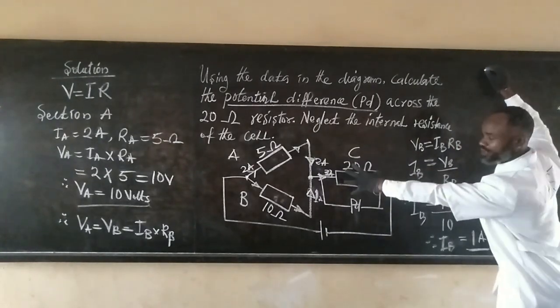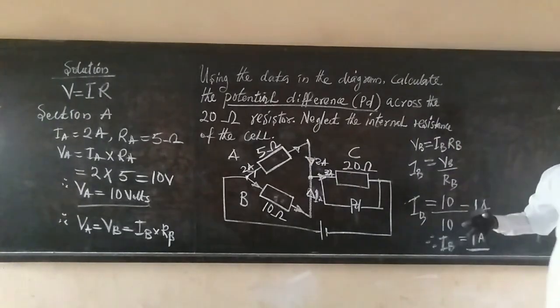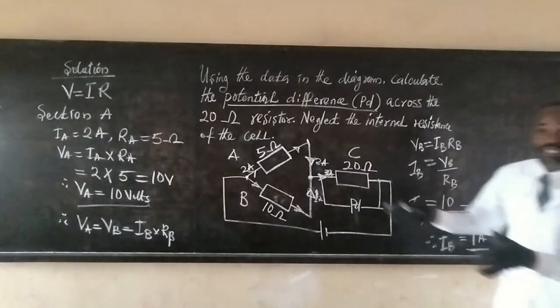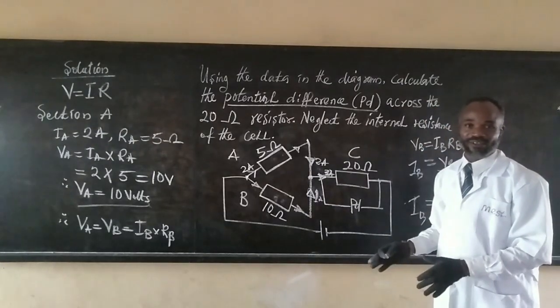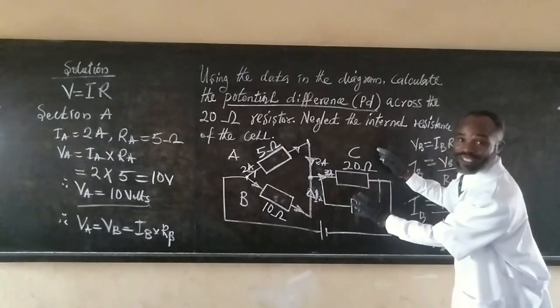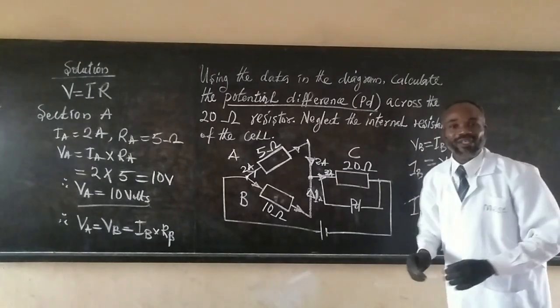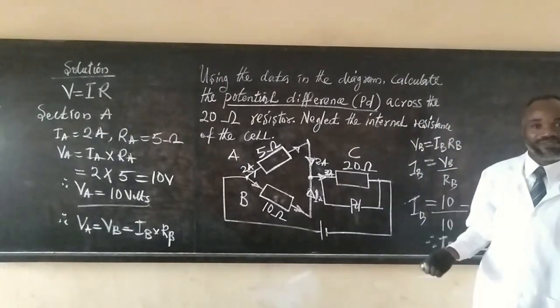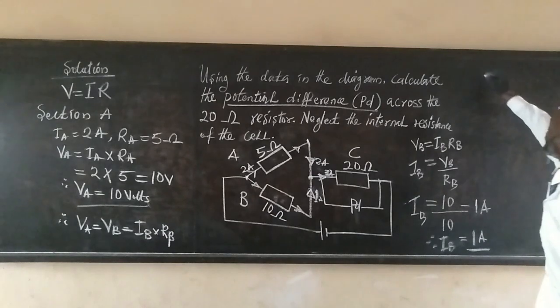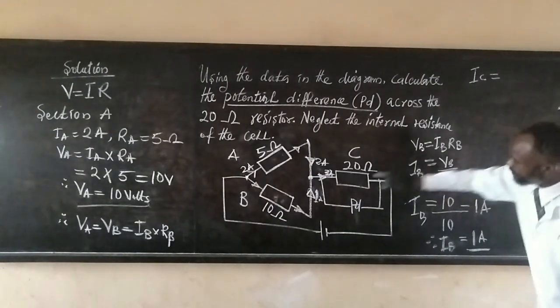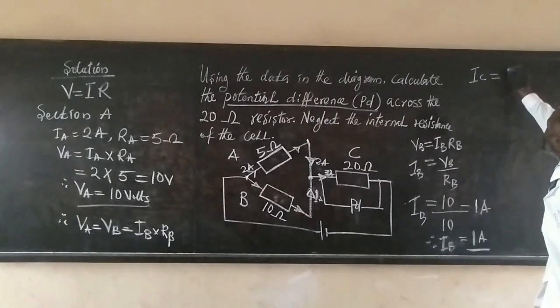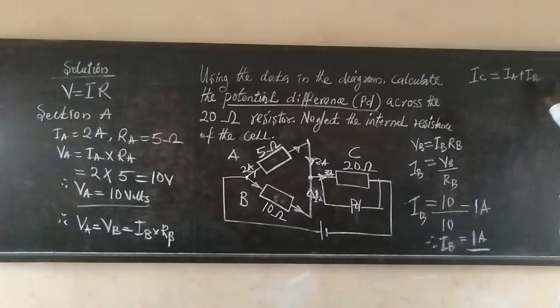We are now into section C. And she was very, very happy because she now understood the steps she should have applied in the first place to be able to find the potential difference across the 20 ohm resistor. So we begin again and say, I see, that's the current flowing into this. Now IC is IA plus IB, the total current.